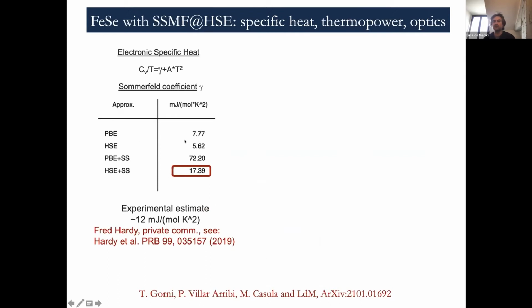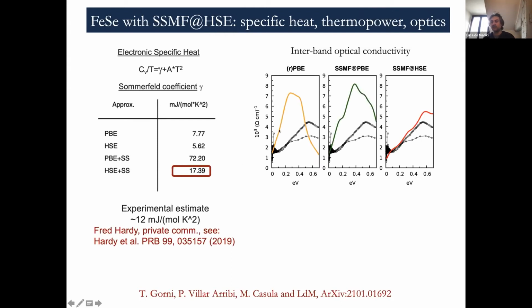Of course you need renormalization, but renormalization on traditional DFT gives a huge value, whereas using the fact that one band has sunk takes away density of states at the Fermi level, and indeed HSE, the hybrid functional, plus slave spin gives a much better agreement with experiment. And then quite surprisingly, also the interband optical conductivity agrees very well with experiments.